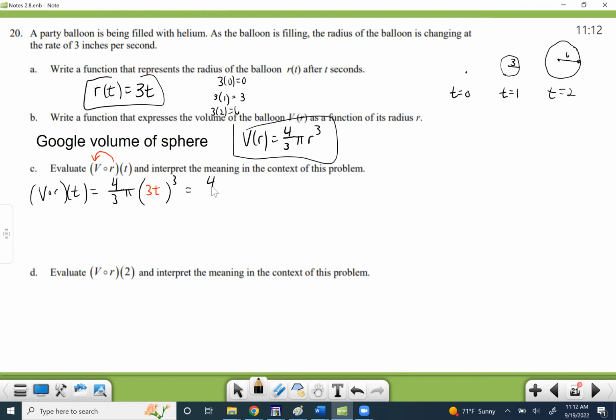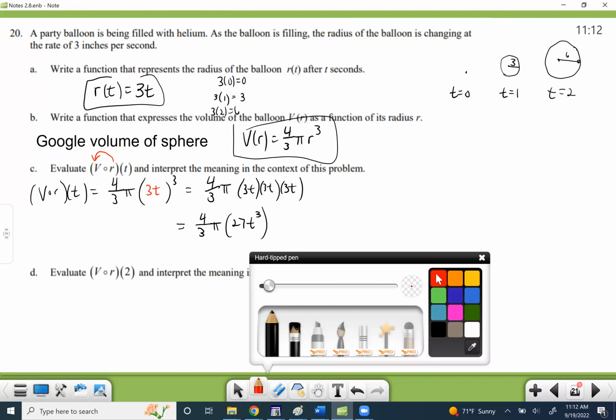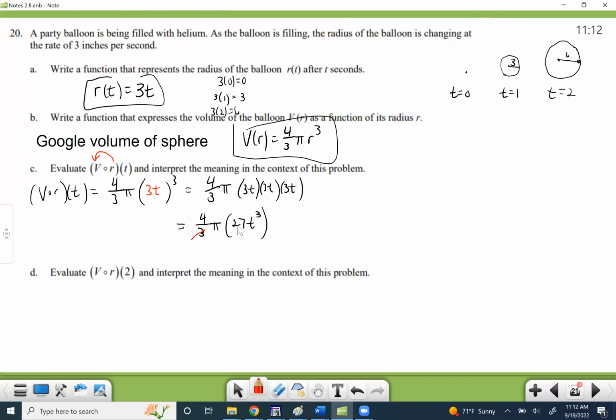So we get 4 thirds pi, and then we have to do 3t times 3t times 3t. All right. So we get 4 over 3 pi. 3 times 3 times 3, you guys, is 27. And t times t times t is t cubed. So we're going to go ahead and divide this 3 into this 27, making it 9.